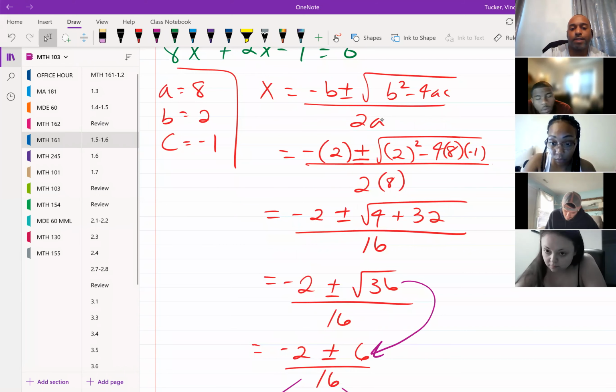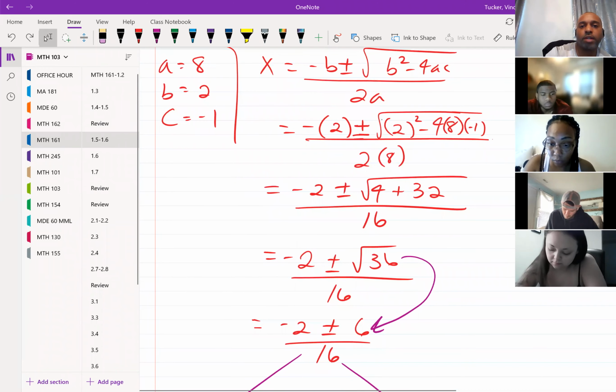Square root of 36 is 6. Now, once again, we have a scenario where the negative 2 and the 6 are expected to be added to each other because you can. So we would go ahead and take it to the next step.